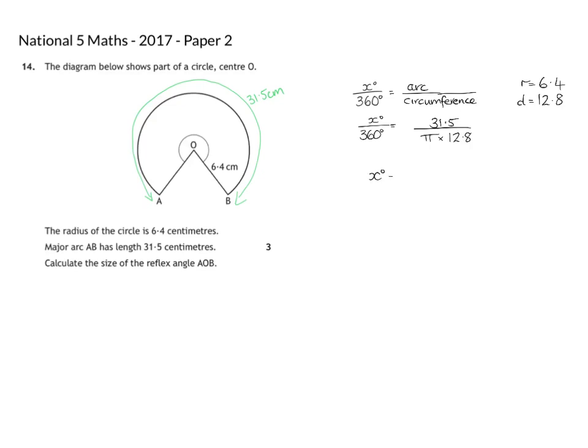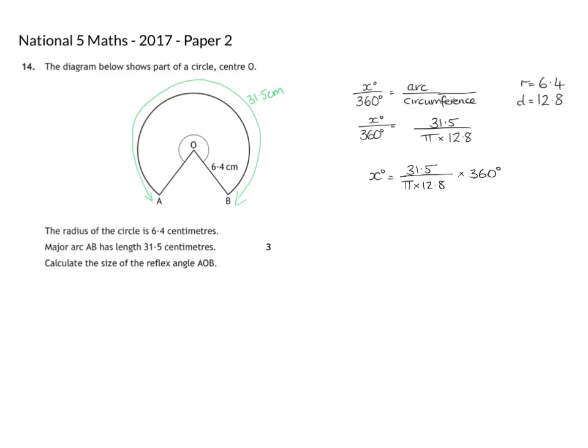So we can say x over 360 is equal to this fraction. Similar to our sine rule, when we have a fraction equal to another fraction, we can get rid of this bit on the bottom by multiplying the other side by it. So we get 31.5 over pi times 12.8, times 360 degrees.